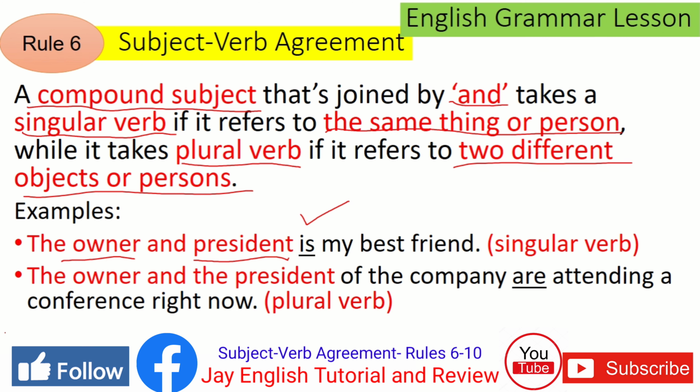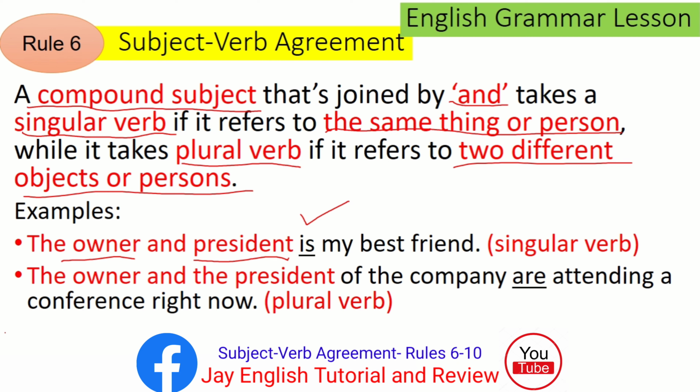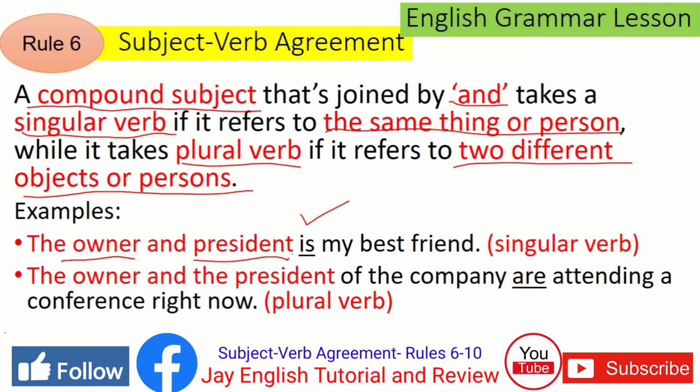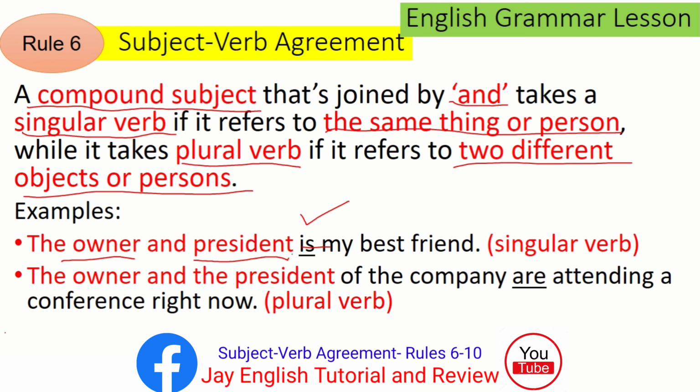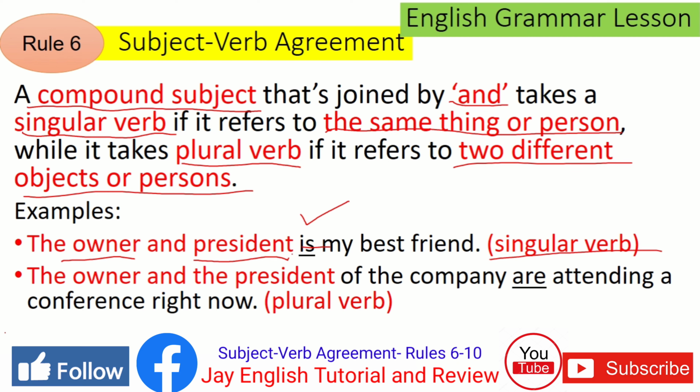So the owner is the same person as the president. That's why we are using here the verb "is," not "are." Okay, the owner and president is my best friend. So we are using the singular verb.